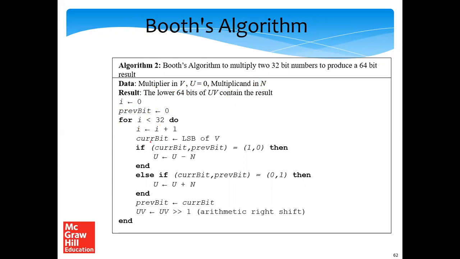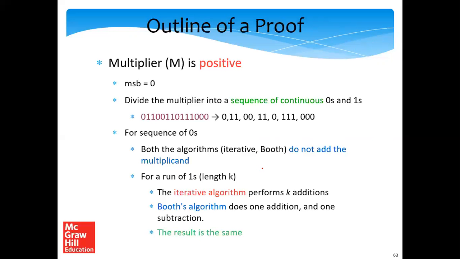For I less than 32, I equals I plus 1, and we check the current bit, the LSB of V. If the current bit and previous bit are 1 0, then simply subtract. Else if the pair is 0 1, then we simply add, and then we do an arithmetic right shift.